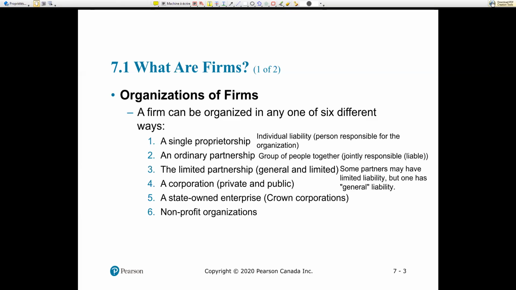It means that if the enterprise fails for some reason, then they cannot seize my house and my dog and my child. They cannot seize everything. So there's a limit to my engagement. Of course, it comes with the fact that if the business succeeds, I will not get as much benefit as the person who has a general liability.